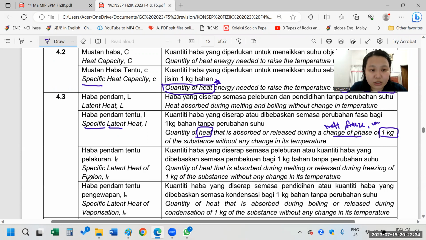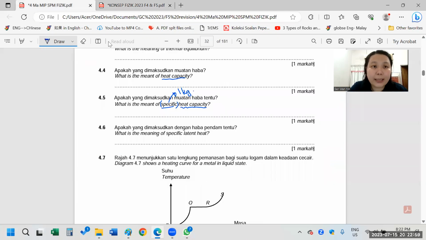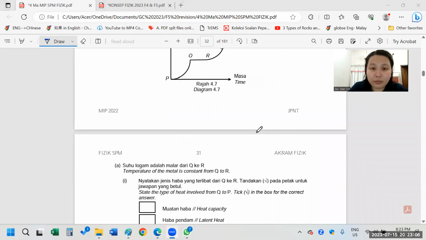Of course, there are fusion and vaporization, so here we just say change phase, without a change of temperature. You must also mention three things: heat, 1 kg, and change phase, whereas specific heat capacity is 1 degree Celsius. So this one you complete it.